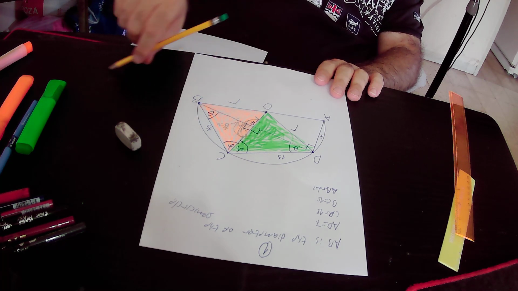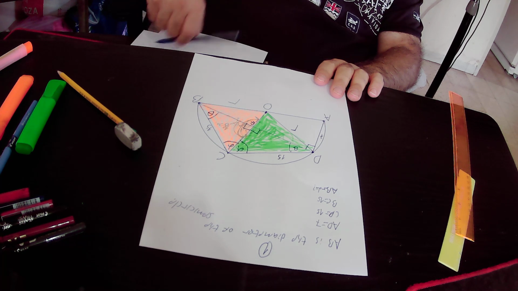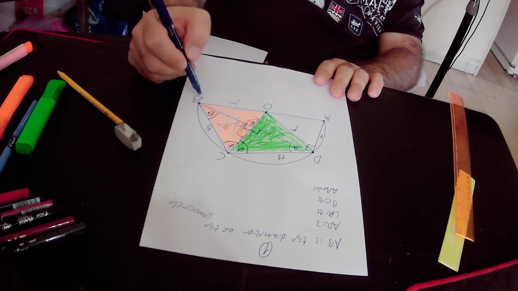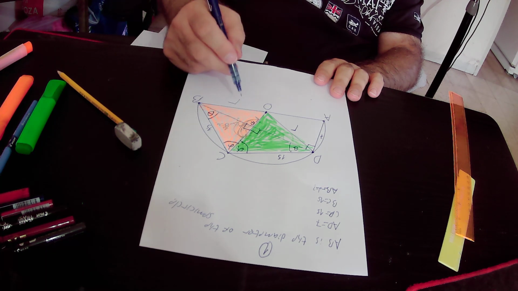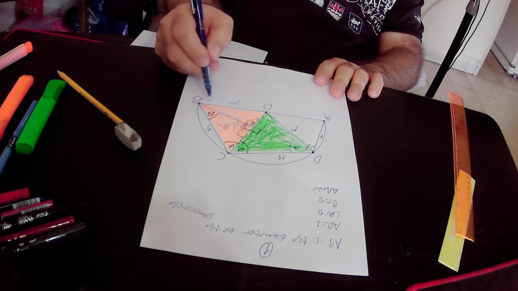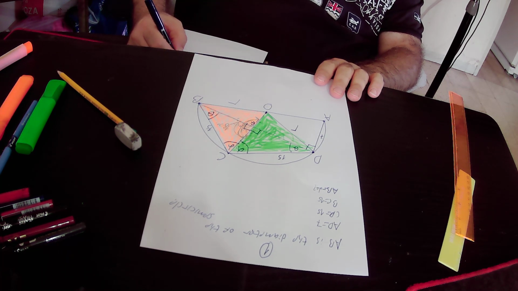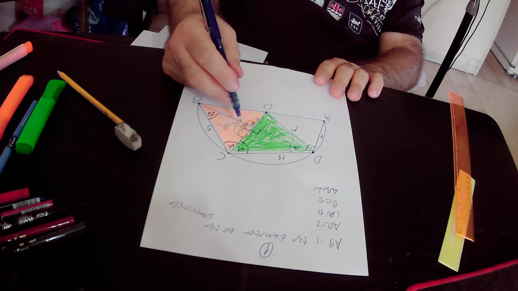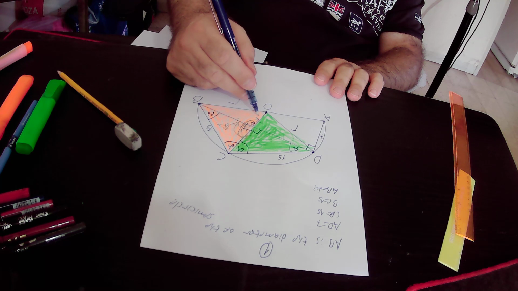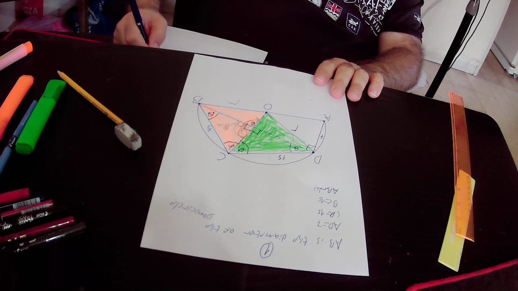It consists of angle CEB that is 90 degrees, and it also consists of angle OEB that we don't know the size of, but we know that in total the size of this angle is 180 degrees.